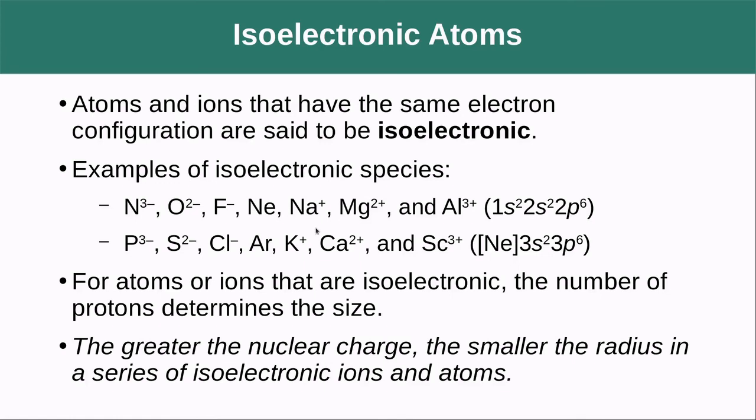As far as the radius goes, the greater the nuclear charge, the smaller the radius in a series of isoelectronic ions and atoms. When they're all isoelectronic, the only thing that determines their radii is the nuclear charge, how many protons are pulling those electrons closer and closer. So here aluminum would be the smallest, with the largest being nitrogen 3-.